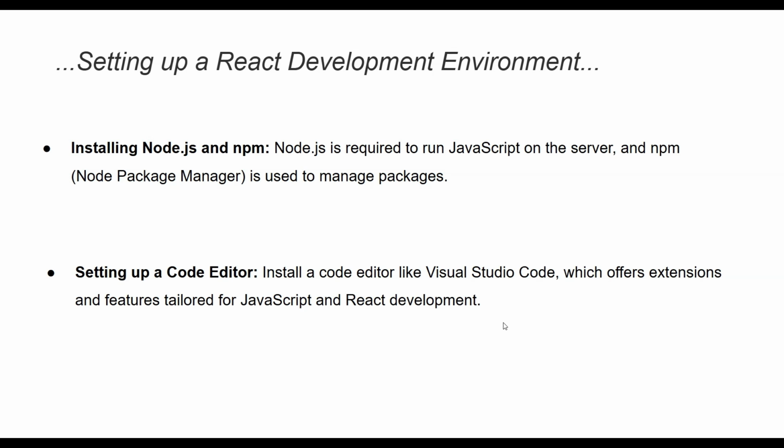You enjoy a lot of functionalities that come along with VS Code, and it's one of the best code editors for JavaScript and React development. So to start working with React, we need to install Node.js, Node Package Manager, and also have a code editor. If you don't want to use VS Code, you are free to use any code editor of your choice, but I really prefer using VS Code when it comes to front-end development.